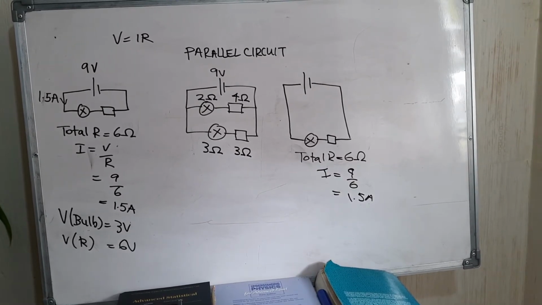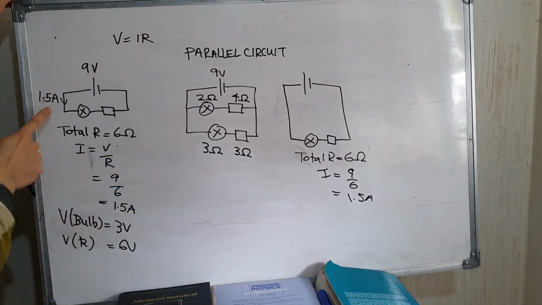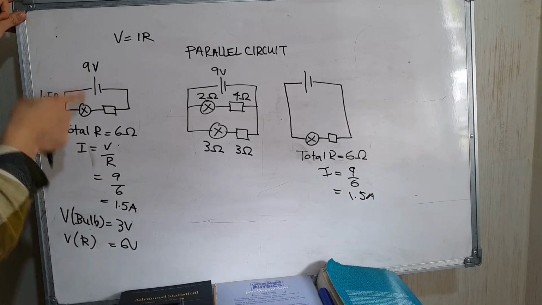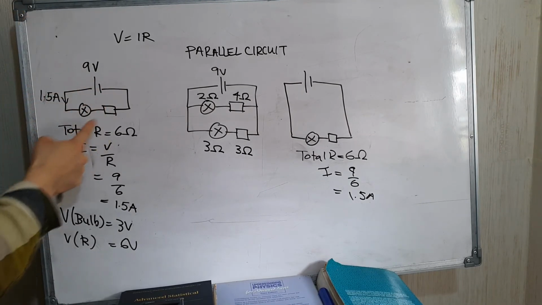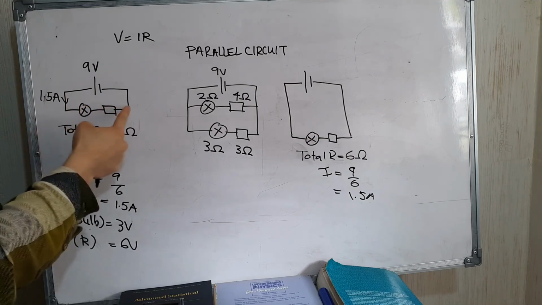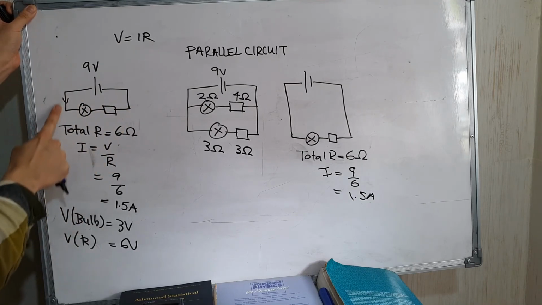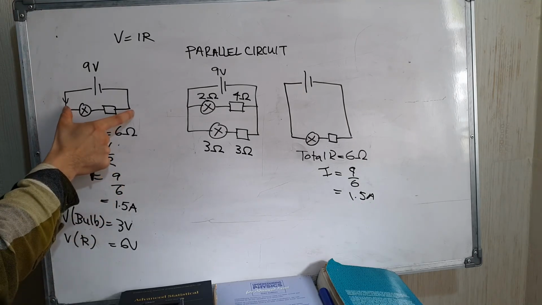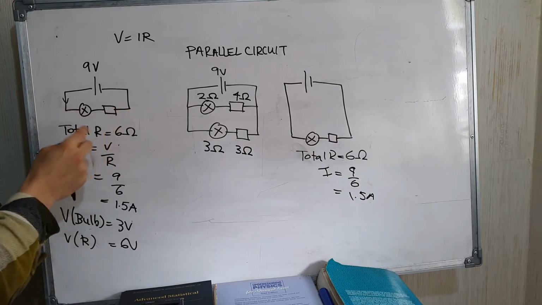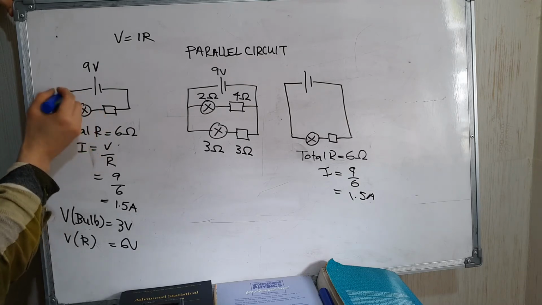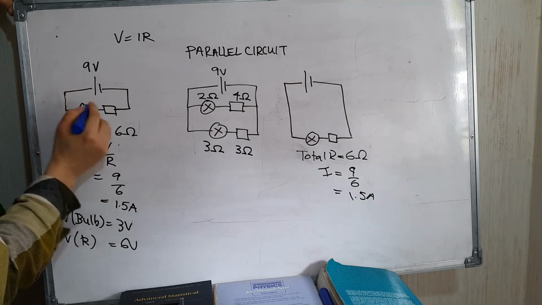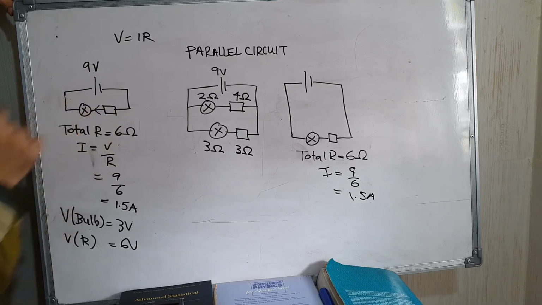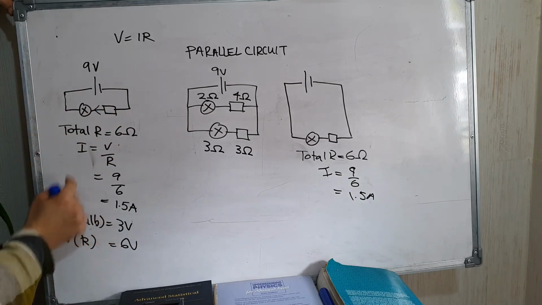Okay, so there's a correction that we need to do, because it's not 1.5 amps here, is it? It is 1.5 amps in this circuit. However, it is only for this part here. So the current only applies from there to there. So therefore, you can say that the current in this single road only is 1.5 amps.